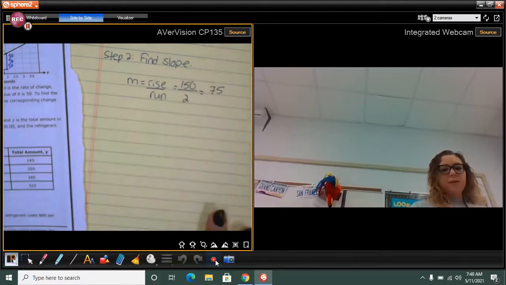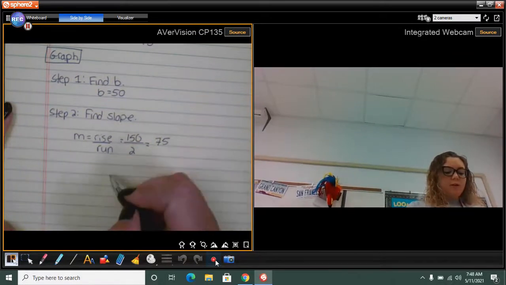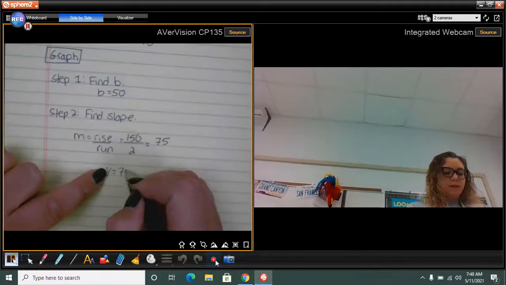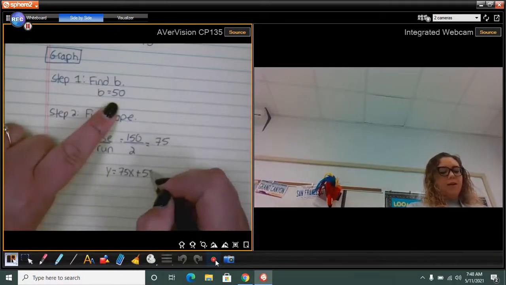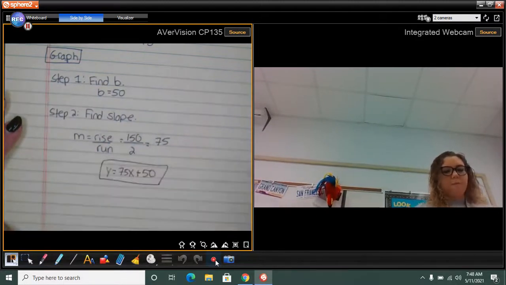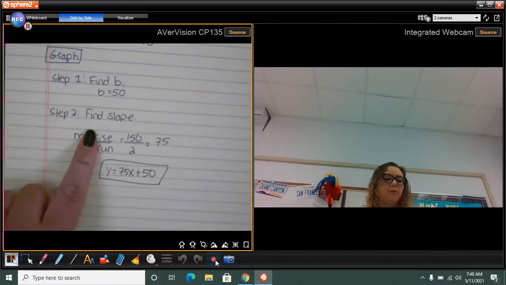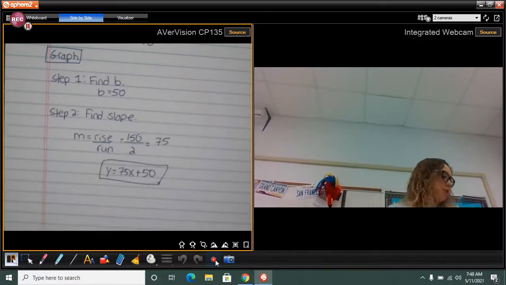Then finally, we have my y-intercept and we have my slope. We just put the slope beside the x, and then tag your y-intercept right beside it. So this is the equation to that graph. You find your b, you find your slope using rise over run, then you plug it in and you get your equation. And that's how you would find it using a graph.